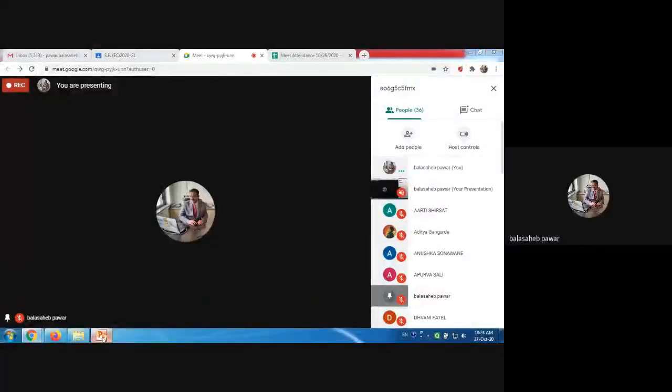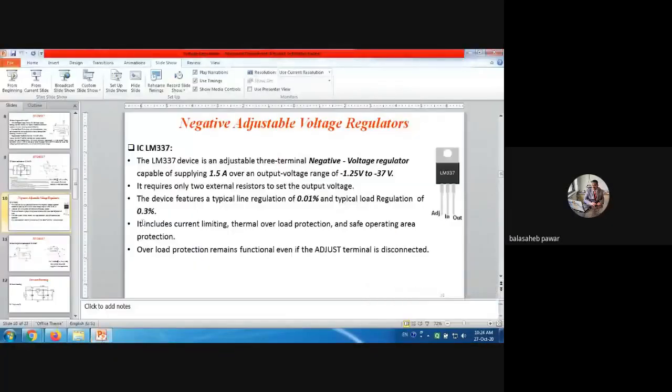If it is a regulator IC, for example yesterday's LM317, and I require an output of plus 15 volts, then the minimum input applied should be 2 to 3 volts greater than my desired output.